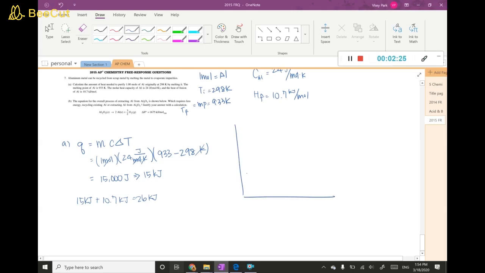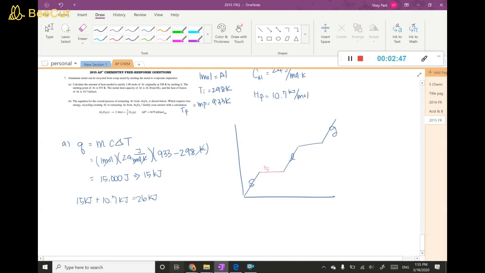So if you guys remember from the heat capacity graph, we always have phase changes. This is solid, liquid, and gas. And it doesn't matter where you start, but if you are undergoing a phase change, which is this right here, and that happens to be heat of fusion, we add that.